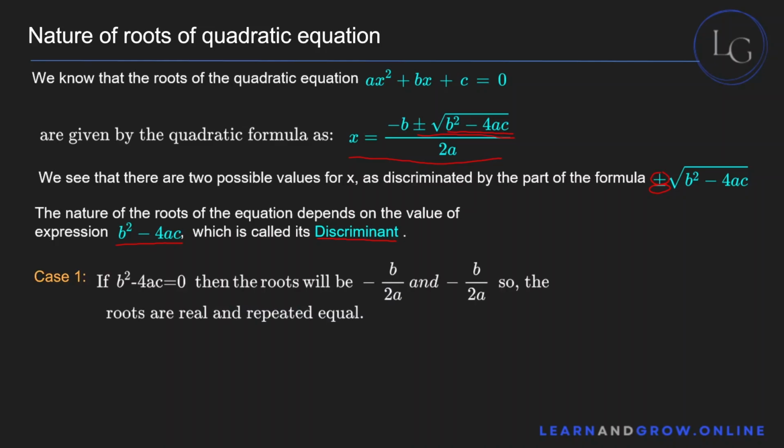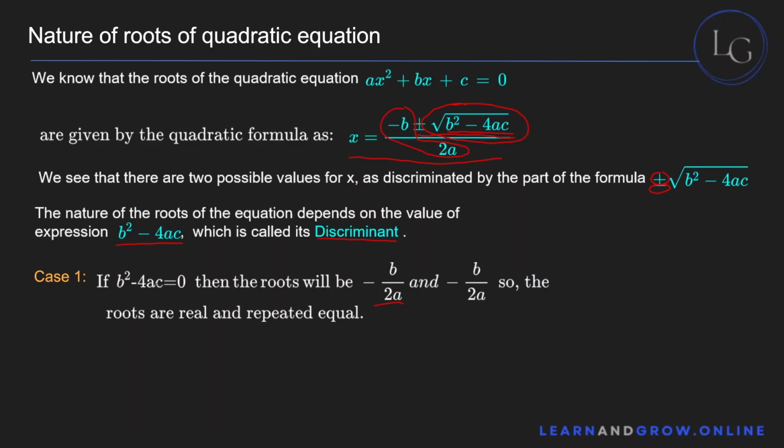So in the first case, if the discriminant is equal to 0, then the roots will obviously be minus b over 2a, since this entire portion becomes 0, and you're left with minus b over 2a. So the roots will be minus b over 2a twice. They will be repeated, as a quadratic equation has two roots.